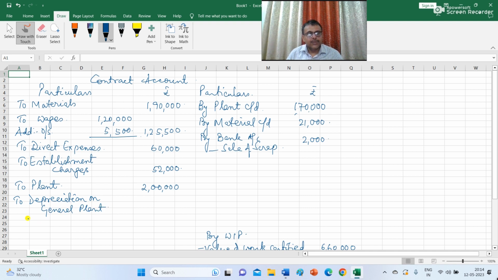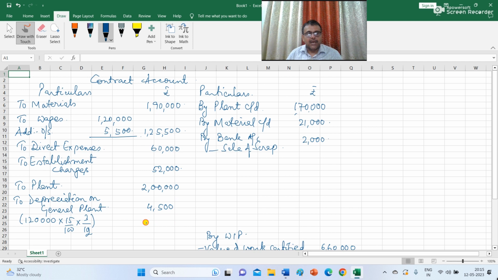So 1,20,000 was the value of the general plant, the rate of depreciation being 15%, and the asset was used for 3 months. So total amount of depreciation was 4,500. So you can see the items I have already recorded on the debit side and on the credit side.